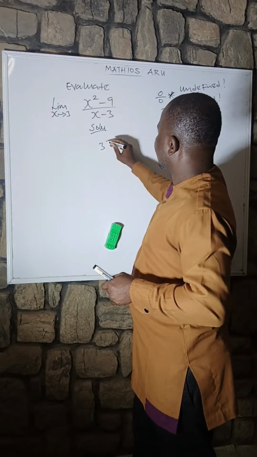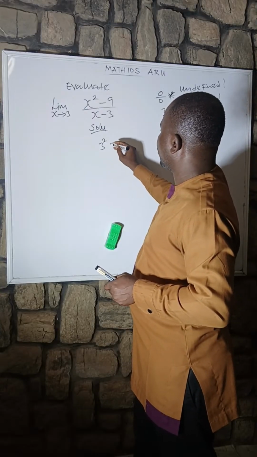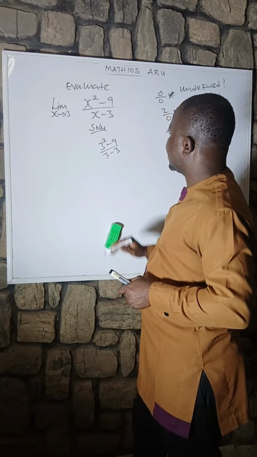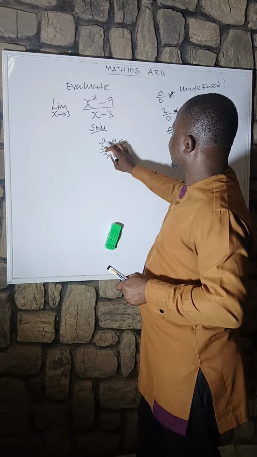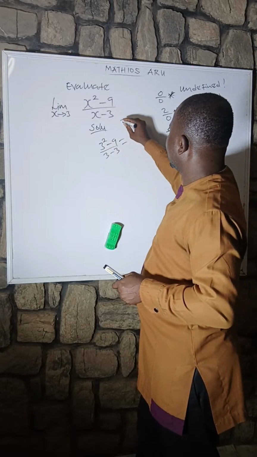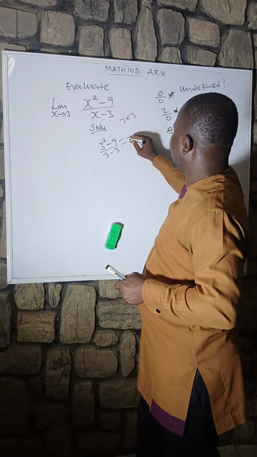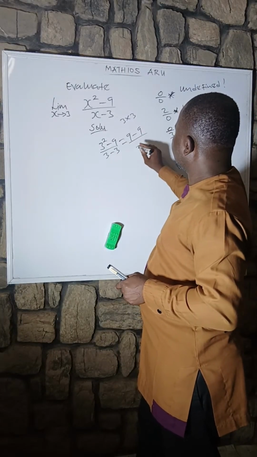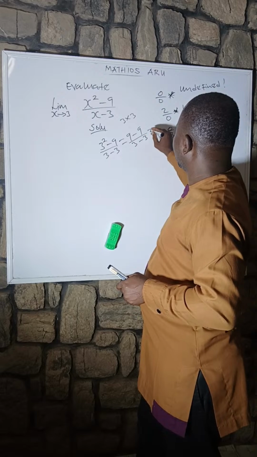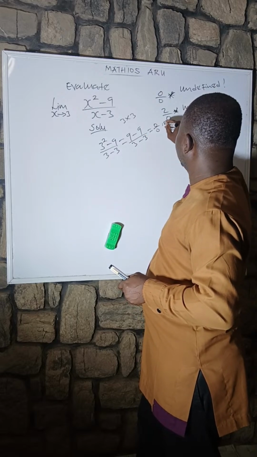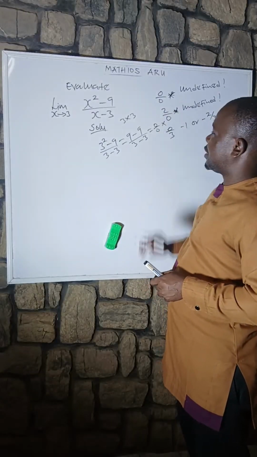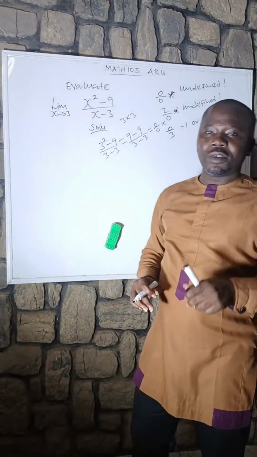So 3 raised to the power 2 is the same as 3 times 3. So here will be 9 minus 9 all over 3 minus 3. You can now see that it is 0 all over 0, and limits try to avoid this.